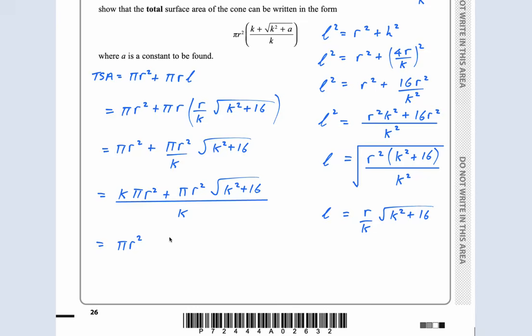Take out the pi r squared, and what's left is at the top here a k plus a square root of k squared plus 16 all over the k, which is what he wants. And a then, a is a constant to be found, so a is 16. Okay, obviously guys, very, very tricky question.